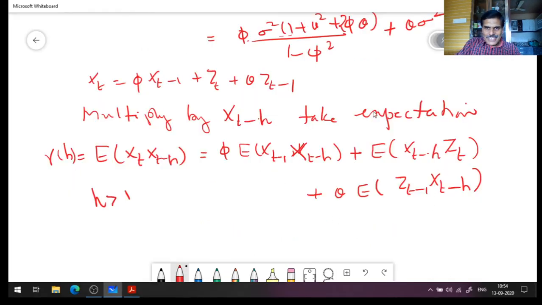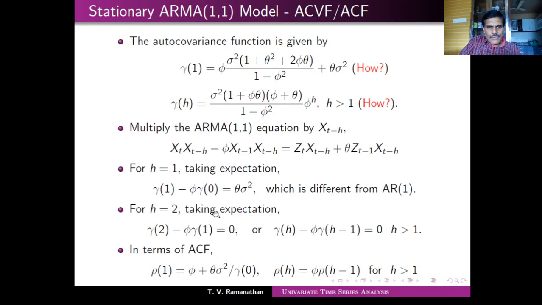This is h minus 1, this is h. These terms are all 0 for h greater than 1, because h greater than 1 means you have 2, 3, etc. So you have this equation, exactly the same as what you have here.